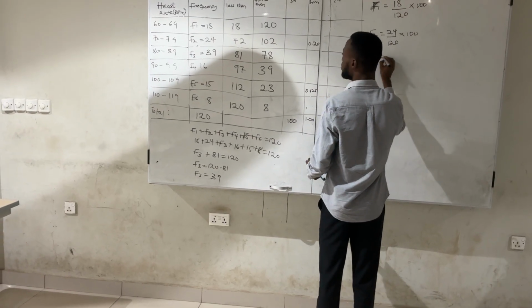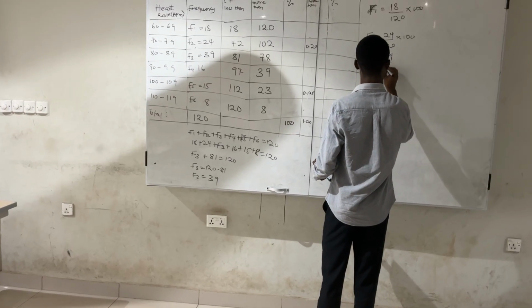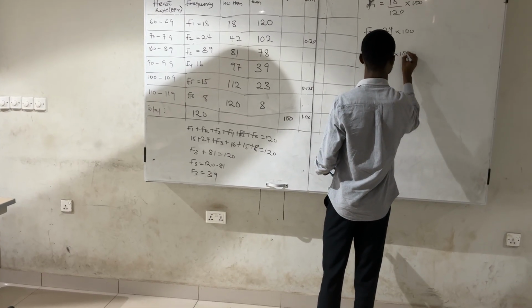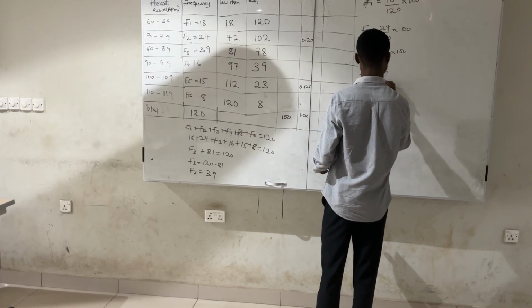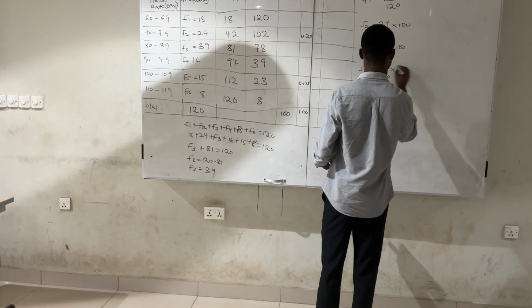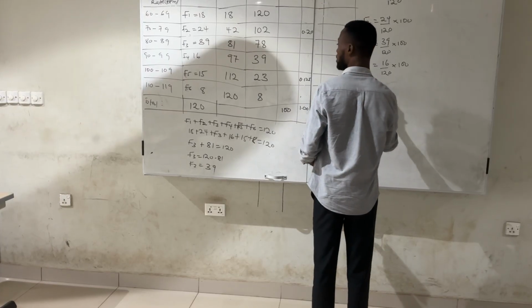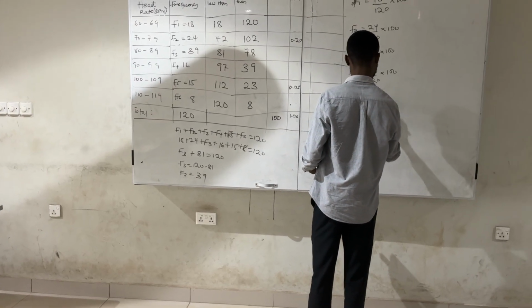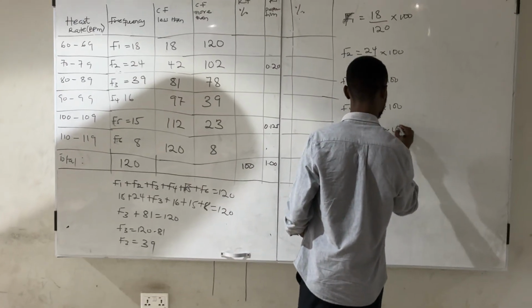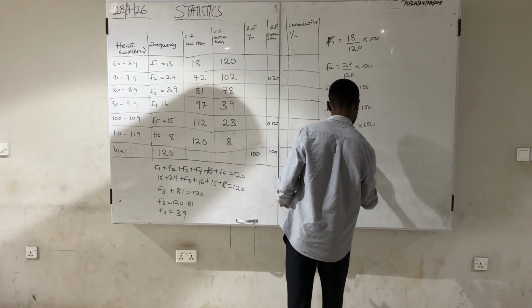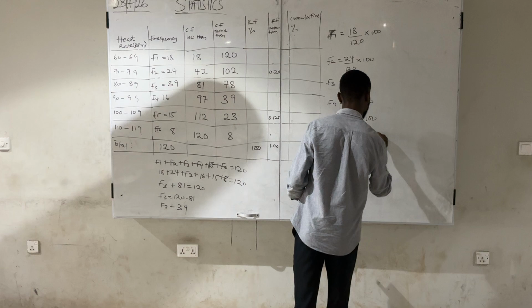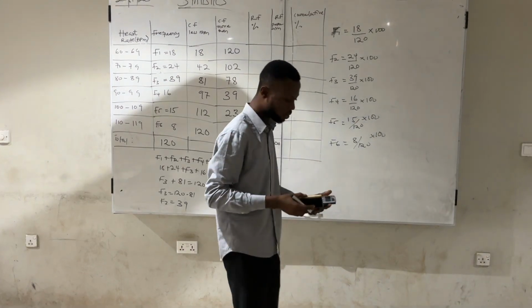F3 will be 39 over 120 times 100. F4 will be 16 over 120 times 100. F5 will be 15 over 120 times 100. F6 will be 8 over 120 times 100. So we are now coming to punch.